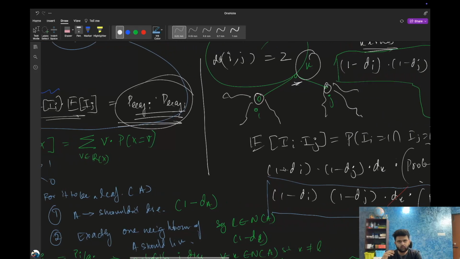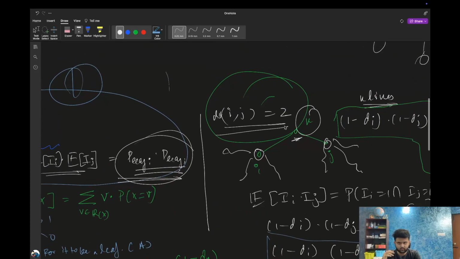Then for the cases when distance equals 2 and distance equals 1, we will subtract its wrong sum contribution and add its correct contribution. If you're confused about what I mean, we'll go down to implementation and maybe that'll clear it up.